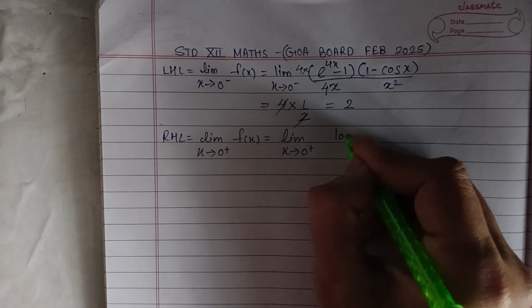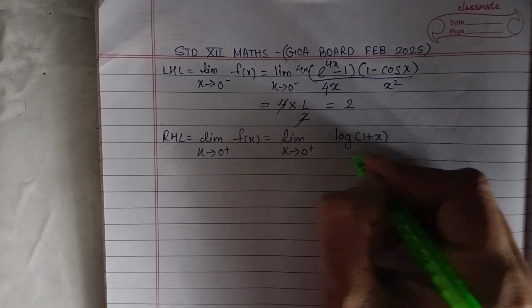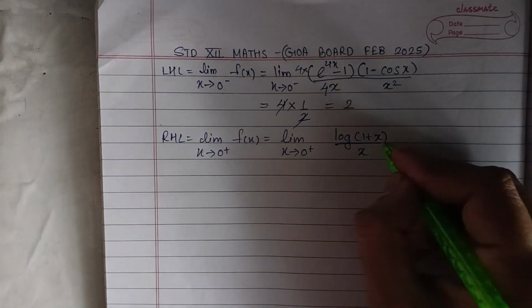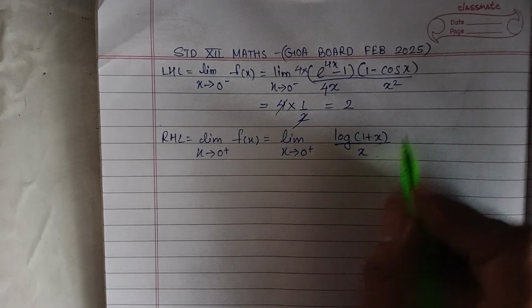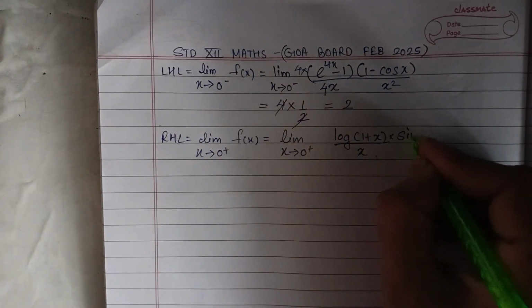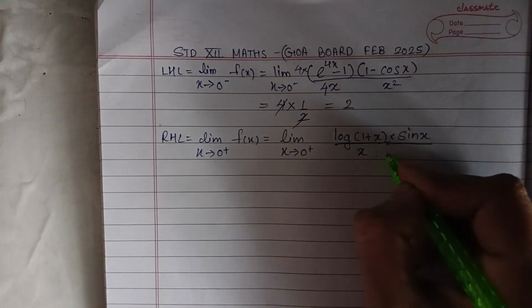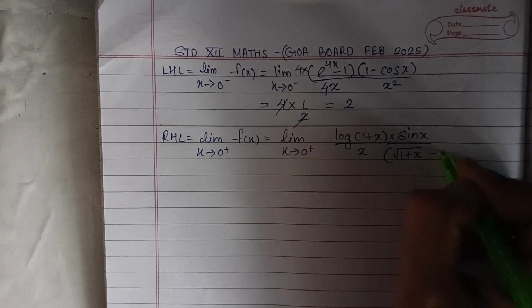Log 1 plus x upon x, then it is given here in the denominator cosec of x, which I'll write as 1 upon sine of x. So it goes in the numerator, sine of x. Then there is a term root 1 plus x minus 1.